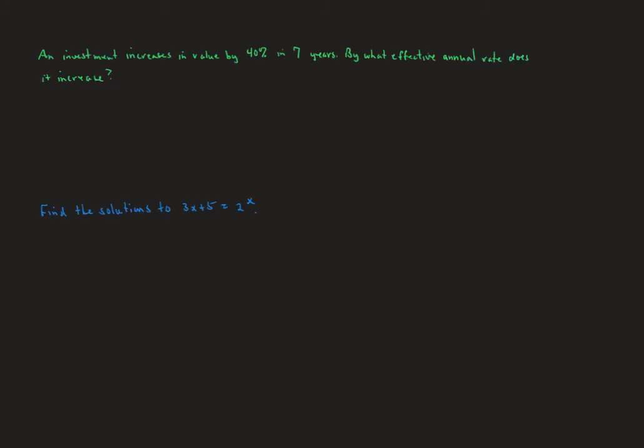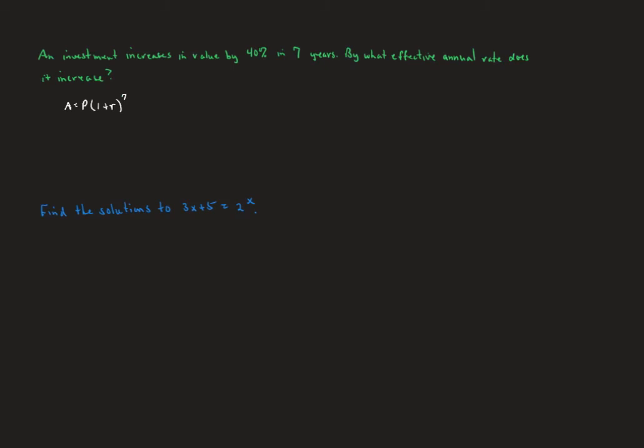So here we have an investment that increases in value by 40% in 7 years. What is the effective annual rate? We're going to say A is equal to, we don't know what we started with, P times 1 plus R, we're just going to leave it as R. Effective annual rate means it's compounded once a year, so that's to the 7.